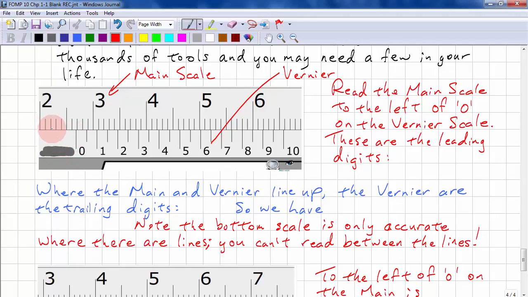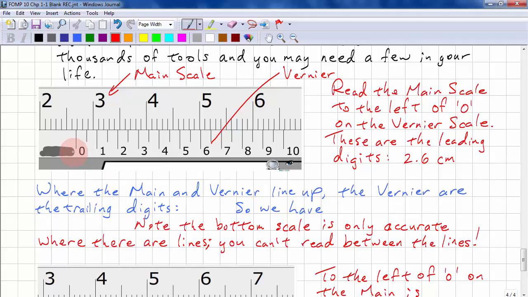So this is 1, 2, 3, 4, 5, 6, so we have 2.6 centimeters. On this Vernier scale, we have the tenths, but we also have 0.5 of the tenths. So this gives us 2 extra digits. The last digit can only be 0 or 5.